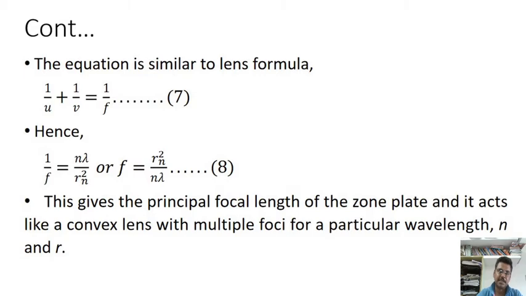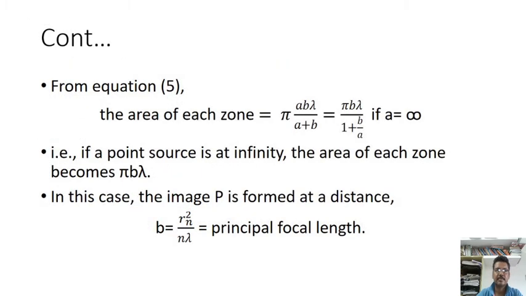This gives the principal focal length of the zone plate, and it acts like a convex lens with amplitude foci for the particular wavelength, n and r.